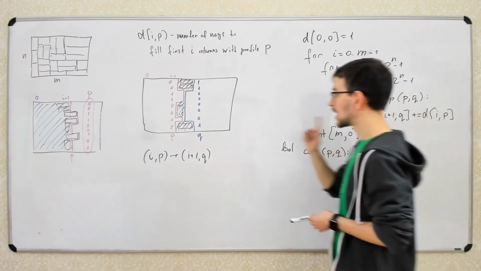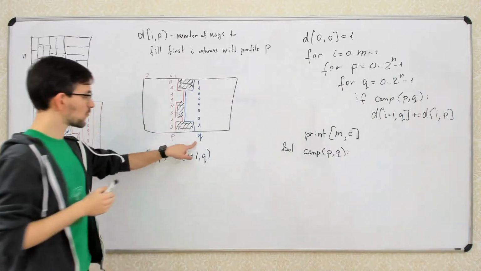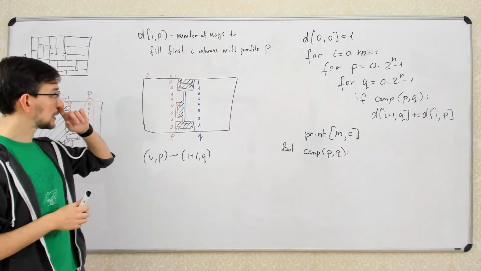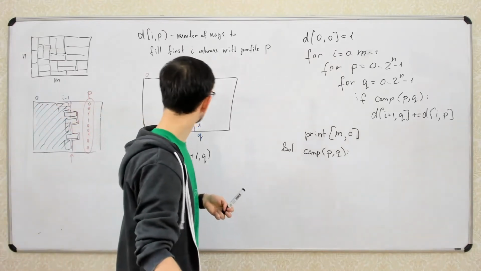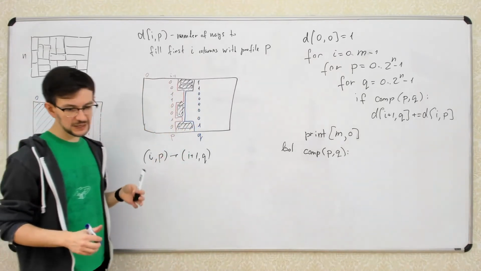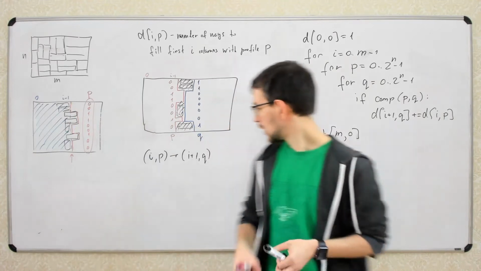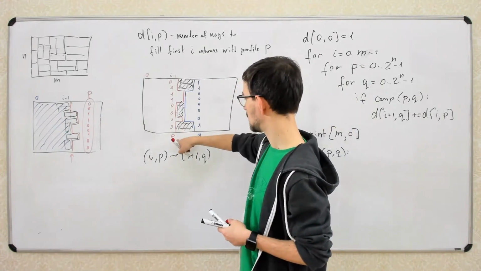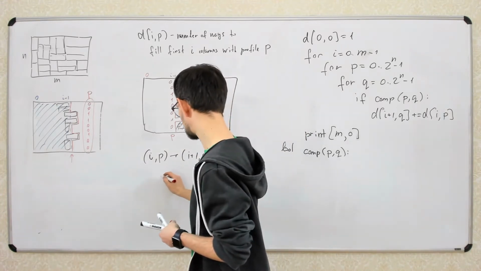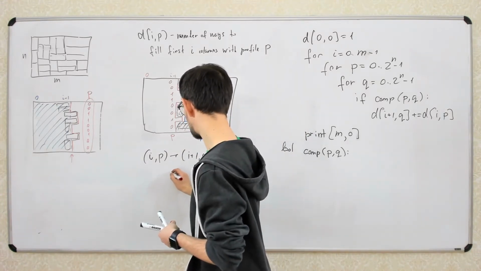Again, how do we check if two profiles are compatible? Let's see. First, what is an impossible state? An impossible state, for example, is when in profile P you have 1, meaning you have something like this.